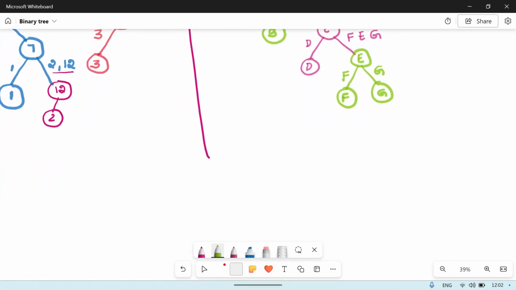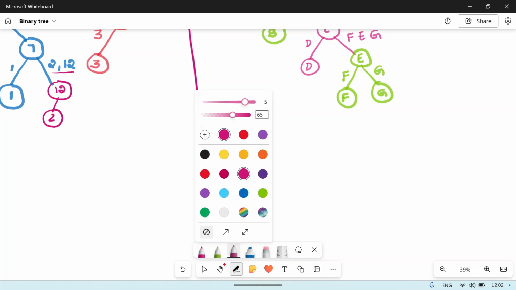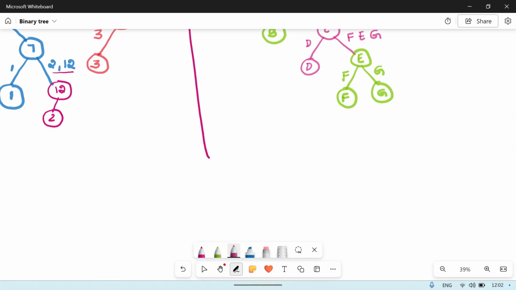Okay, now let me give you one example. You try to solve this and then check for the solution.